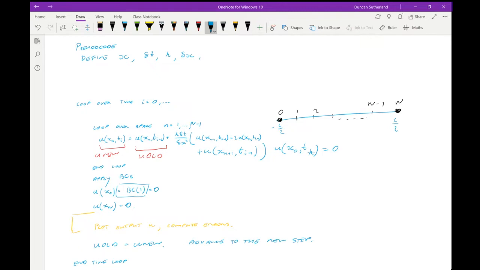We might have to define this BC vector if that's how we wish to store our boundary conditions. We have to define L. We have to define N. All of that, how long we're going to integrate for. So T max, if you like, or in this case, it would be i max, the number of iterations that we're prepared to do.